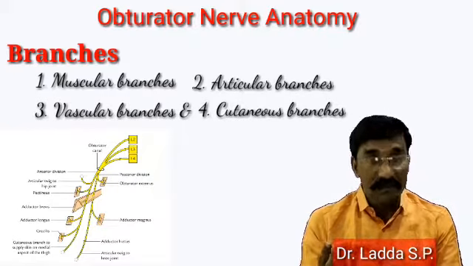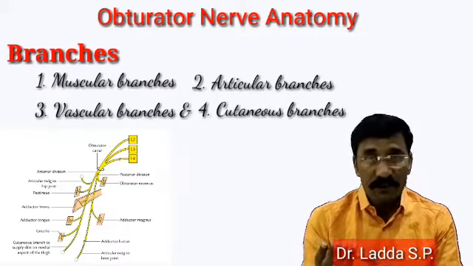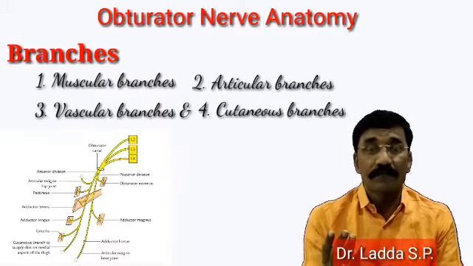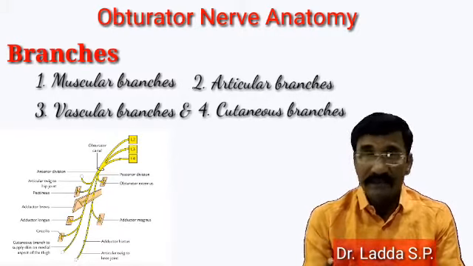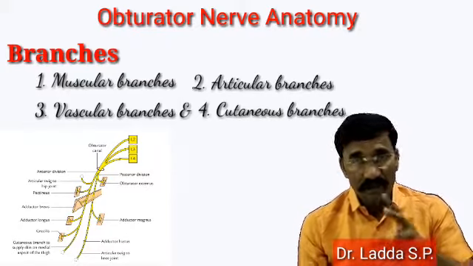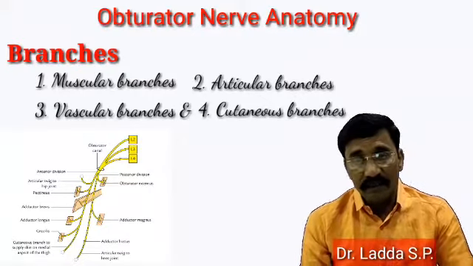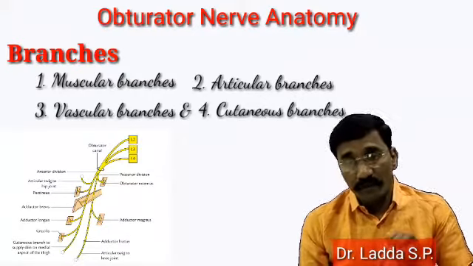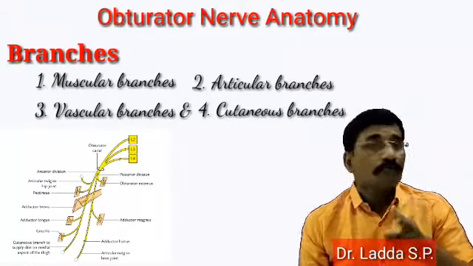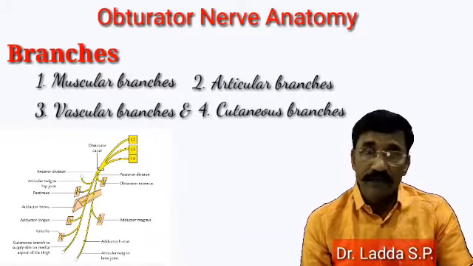Means the branches for the muscles, the nerve branches for the joints, meaning articulation, third, the branches for the vessels, I mean arteries and veins, and lastly the branches for skin. We know that there are two divisions, anterior and posterior. Both the divisions give different branches for muscle, for joint, for vessels, and for the skin.